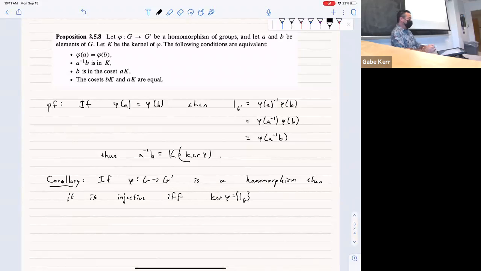It consists of one element. That is to say, if it's injective, then phi of A equals phi of B only if A equals B, which says that A inverse B has to be the identity. And vice versa.